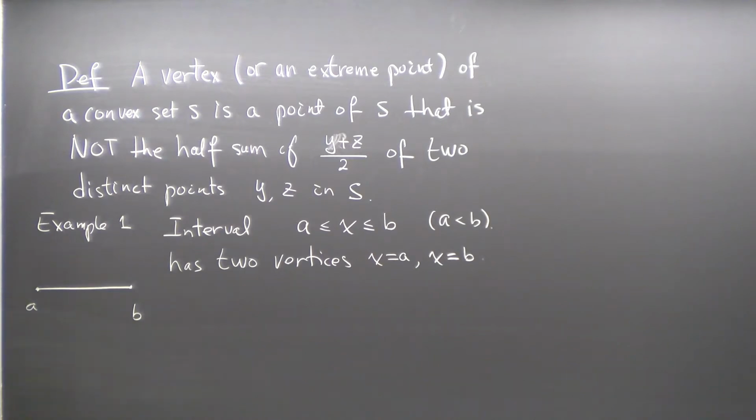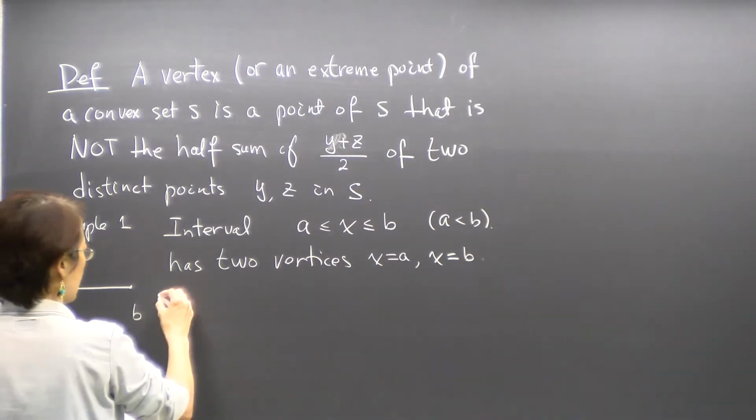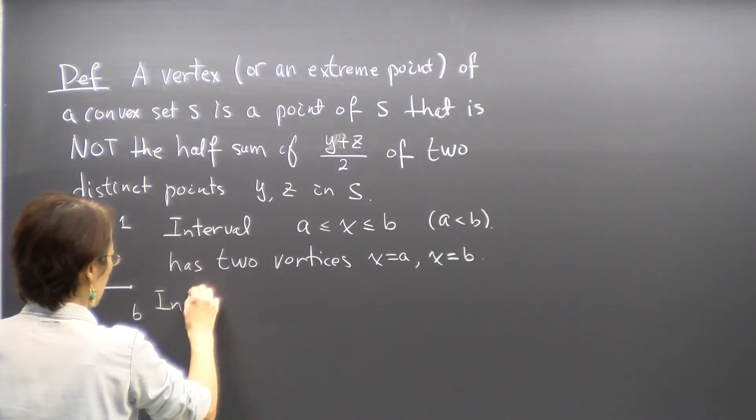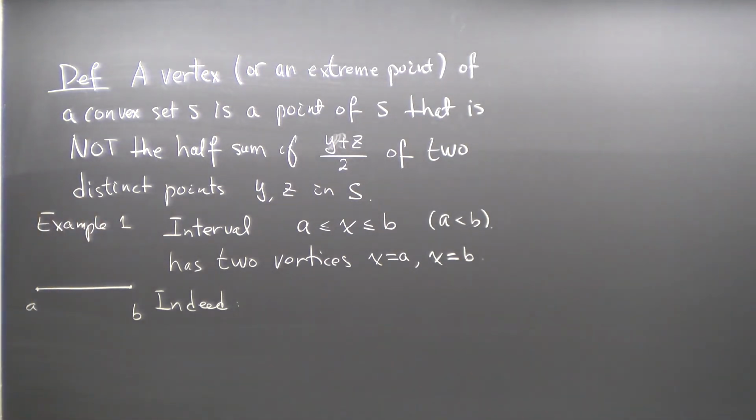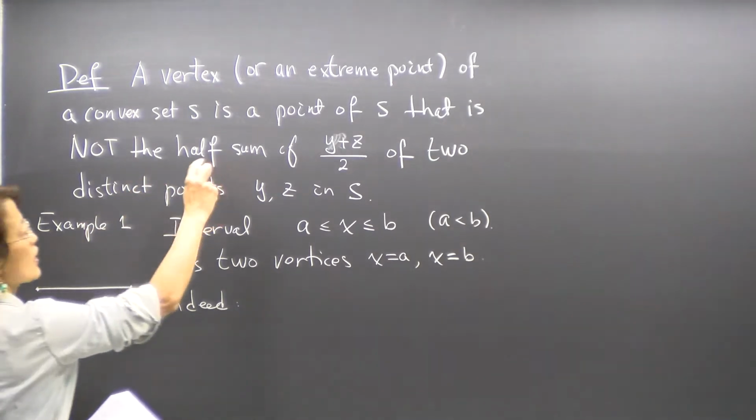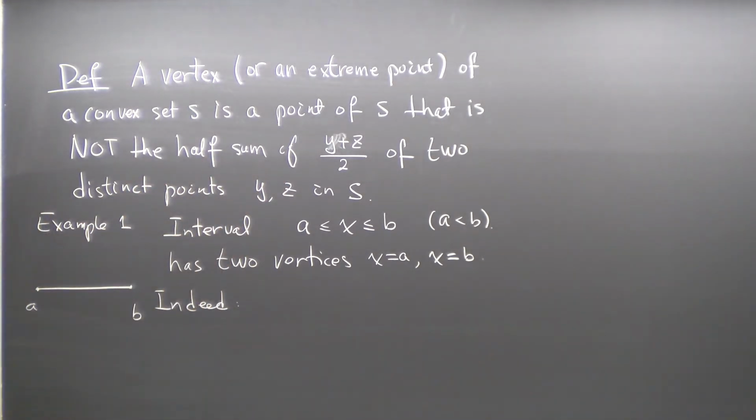And let's put up a proof. How do you prove it? I want you to prove it per definition. The definition says it's a vertex if you cannot express it as a half sum of two other distinct points.